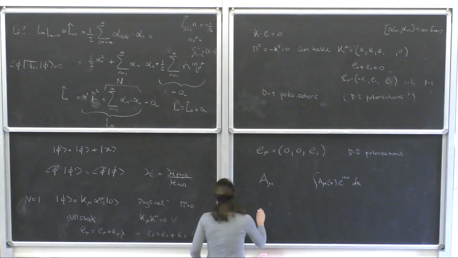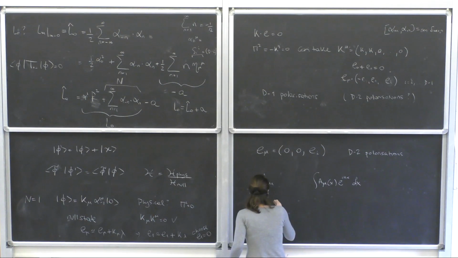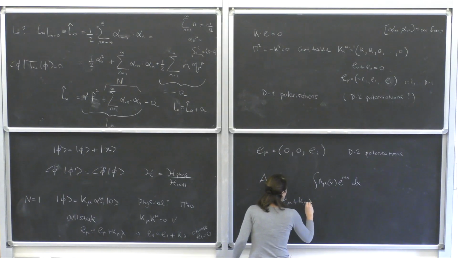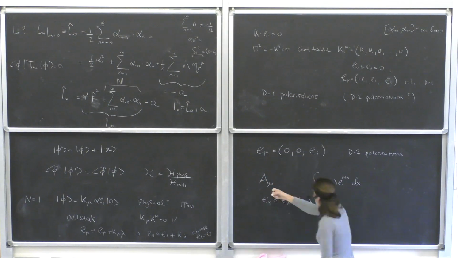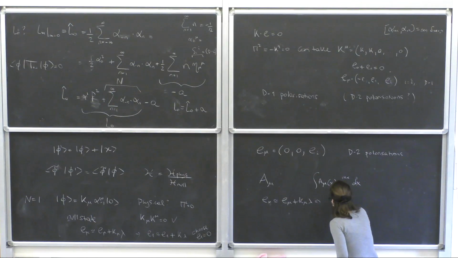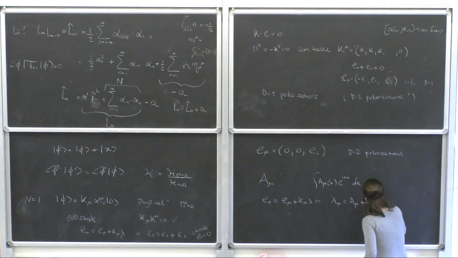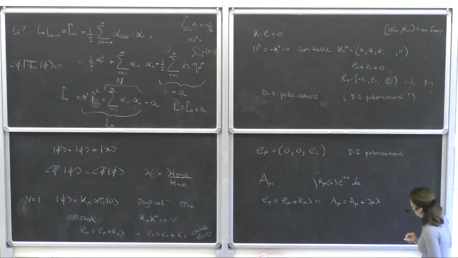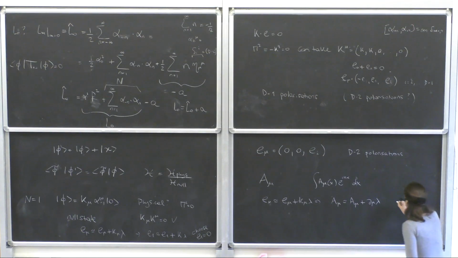And so this E mu is equivalent to E mu plus k mu lambda. For this gauge field, a mu of x says that a mu is equivalent to a mu plus the mu lambda. And of course you recognize this, so this a mu is a gauge field.